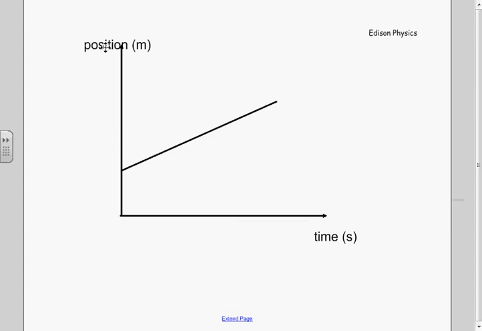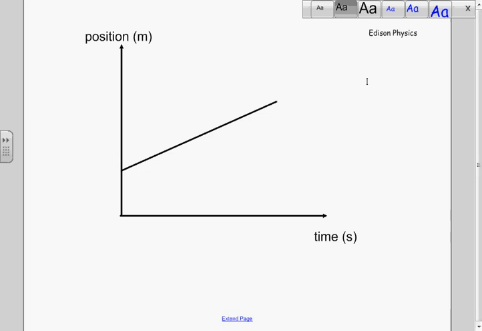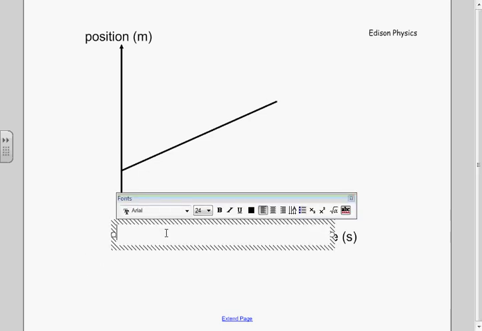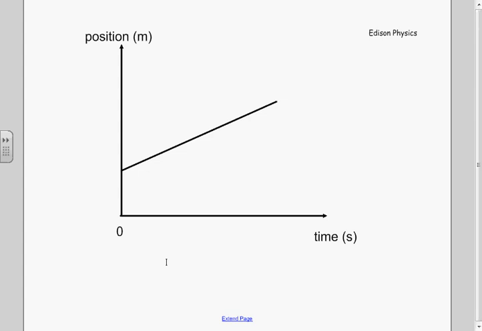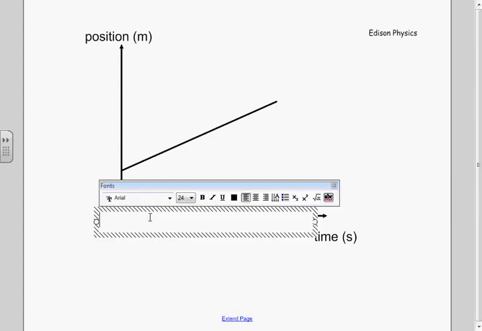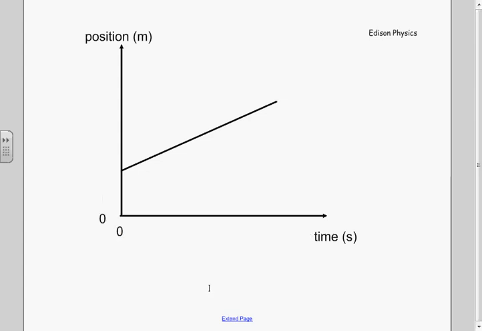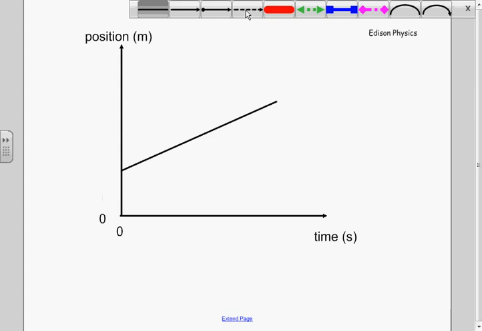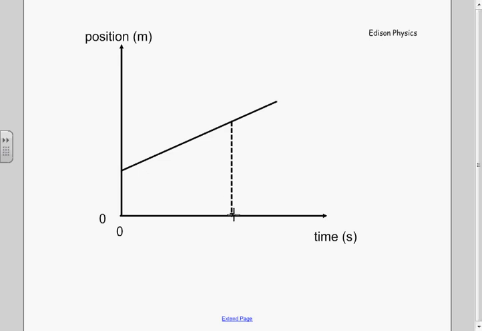All right. Now let's see what's really going on here. Let's say I'm going to start at 0. Both axes are going to start at 0. So this is 0 seconds. This is 0 meters. And sometime later, I need to draw some lines here. Sometime later, I'm going to call this time t.